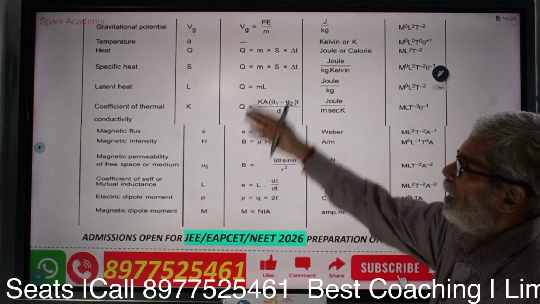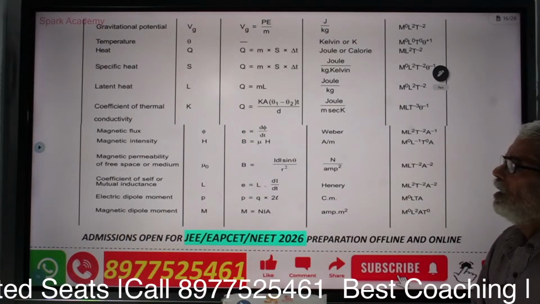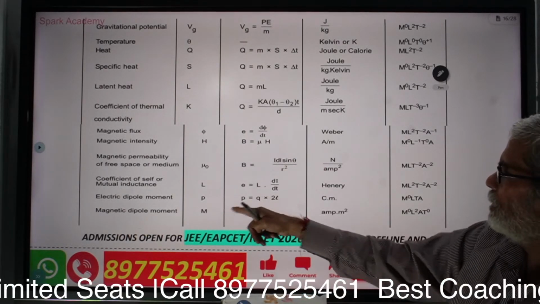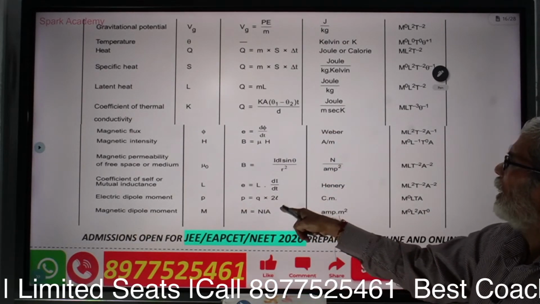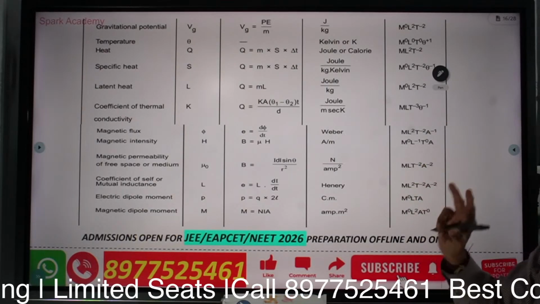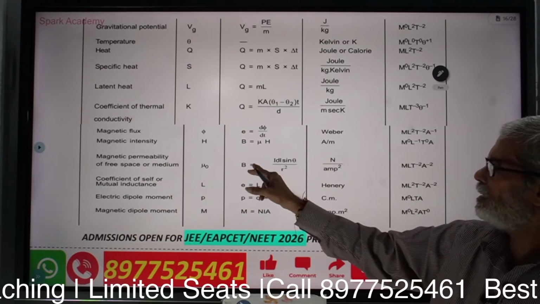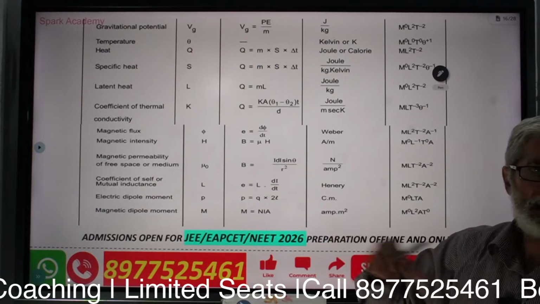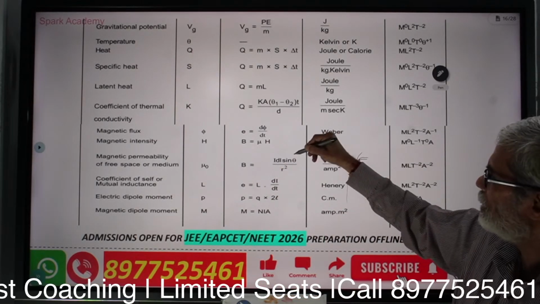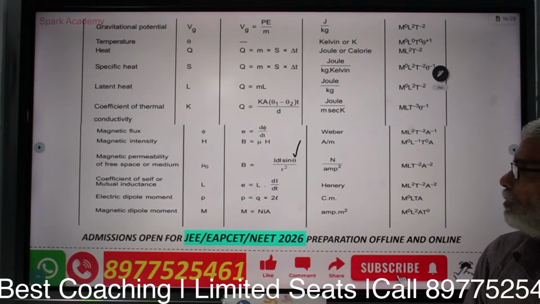This is another slide where all the physical quantities are there, their formulas are there, and their dimensions are there. Kindly try to get different formulas for each. See, this is the formula of Biot-Savart's law.